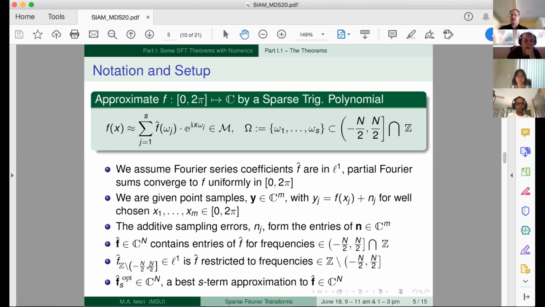So these will be everything that I didn't put into the vector. And f_s opt is going to be a best s term approximation to the vector bold f hat. So what this is just taking the s largest magnitude entries of bold f hat and keeping those and throwing out the rest. So it's the best approximation you can obtain by keeping only s non-zero entries.